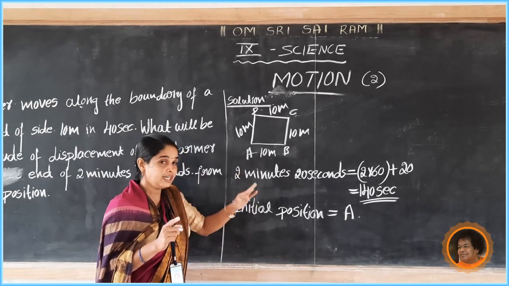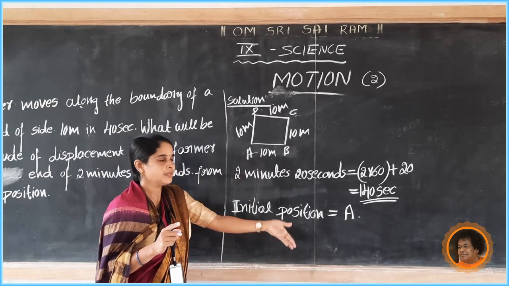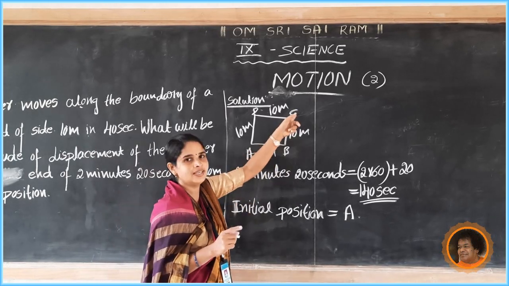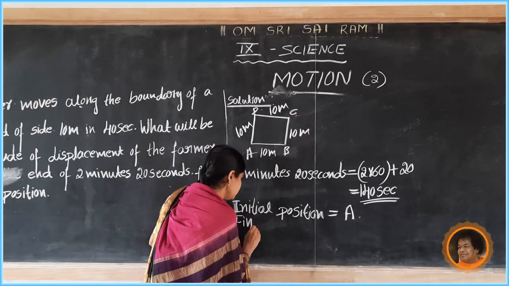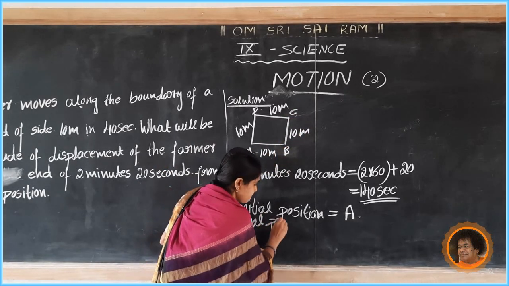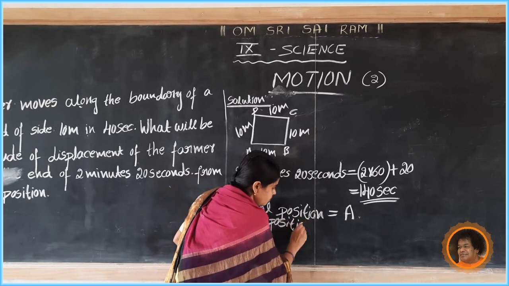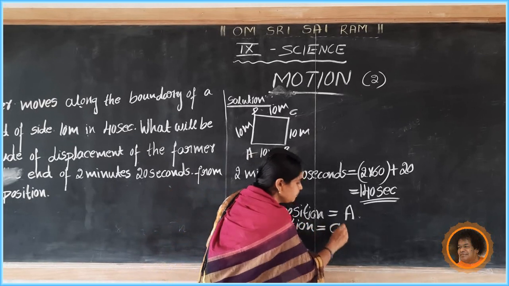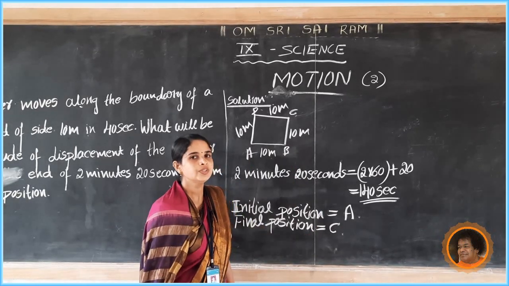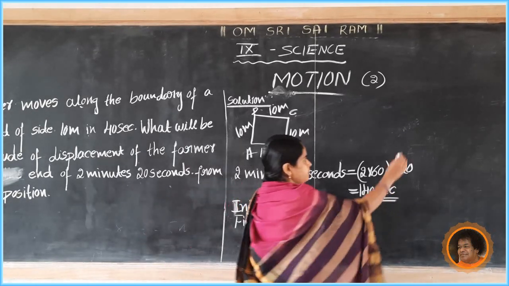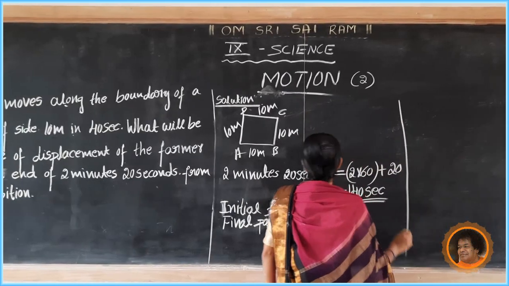Okay, in the next 20 seconds, his position is C. So final position equals C. Now, calculate the displacement.